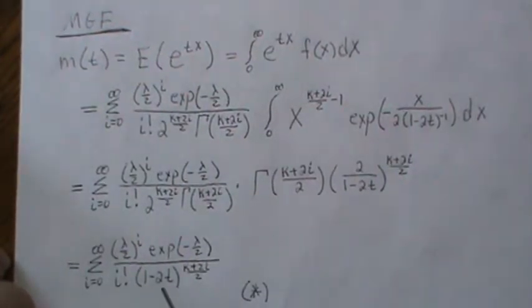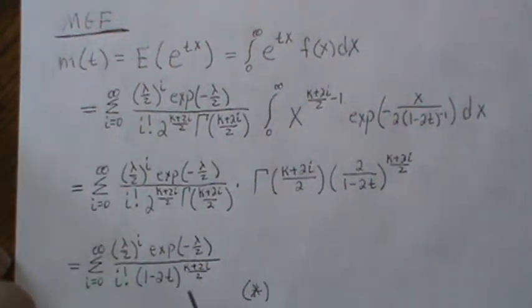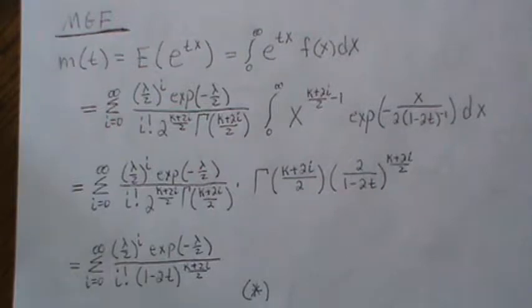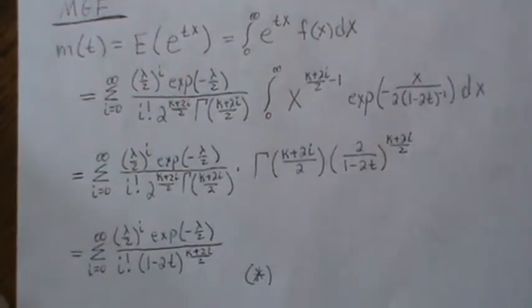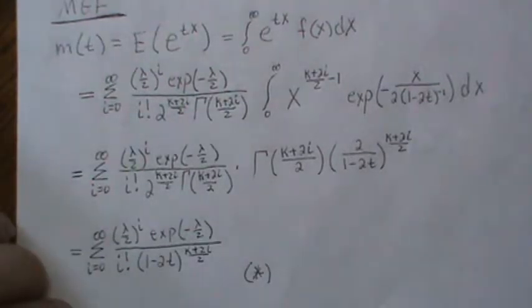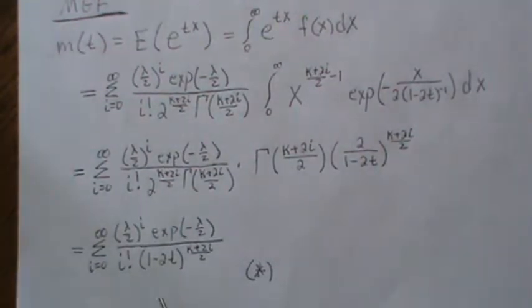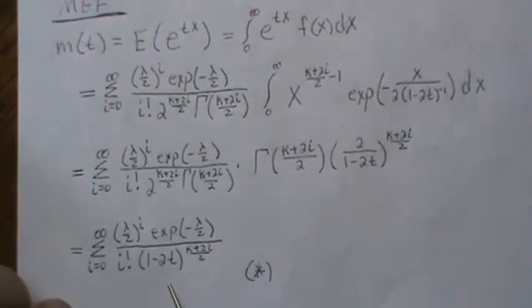So the only thing left is this, 1 minus 2t, raised to this power. And this is it. At this point, I'd probably stop there and just call this the moment generating function. But there are some interesting pieces here that lend themselves to this probably being a Taylor expansion of something, but we'll come back to that.